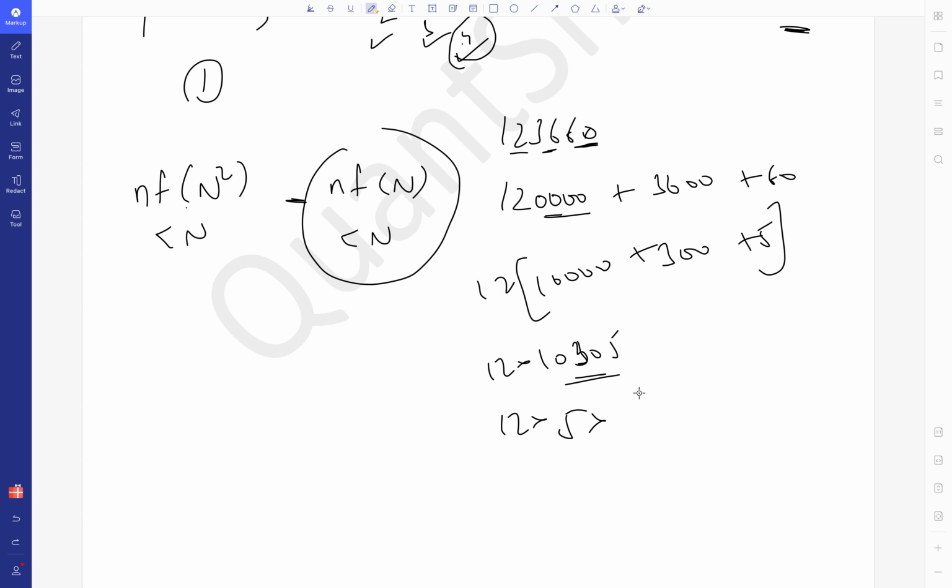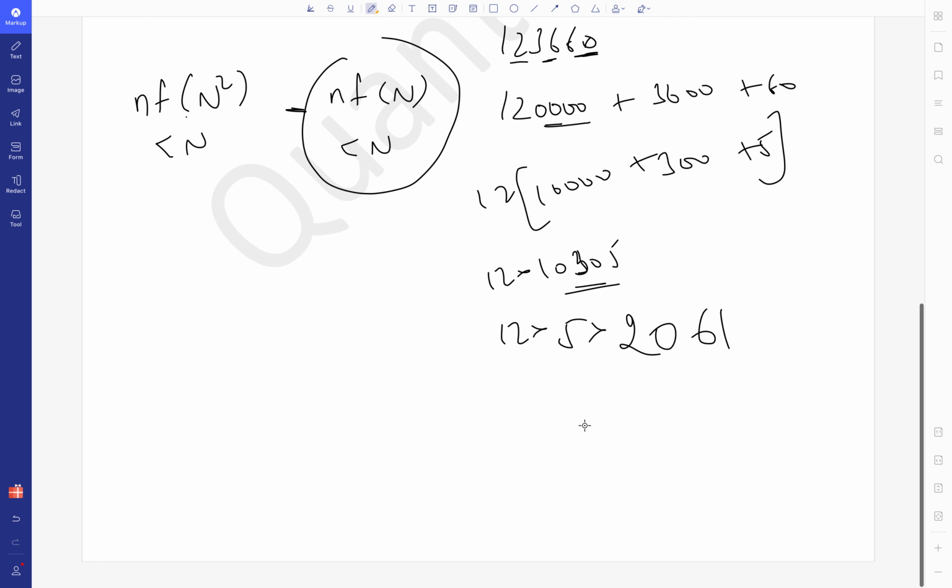So 10,305 you divide by 5, you get 2 first, then you're left with 3, so you write a 0, then you get 6, and then you get 1, so 2061. Okay, now try to factorize this. This is divisible by 9 clearly, so this becomes 9 multiplied by 229. 229 is not divisible by any prime number that I can think of.